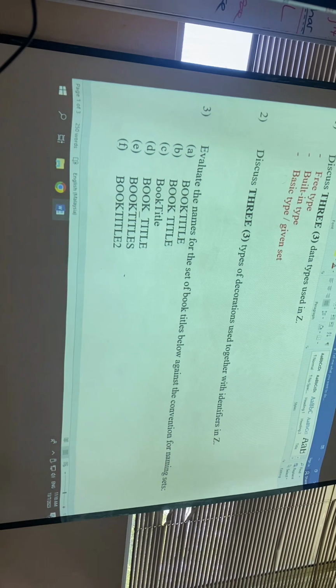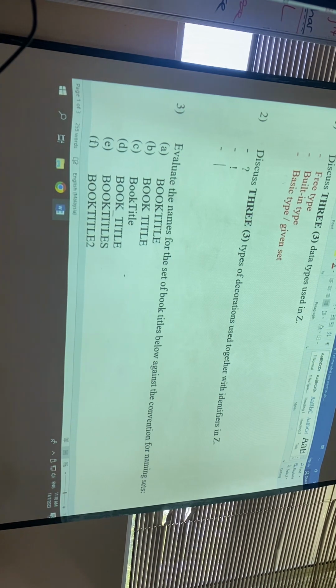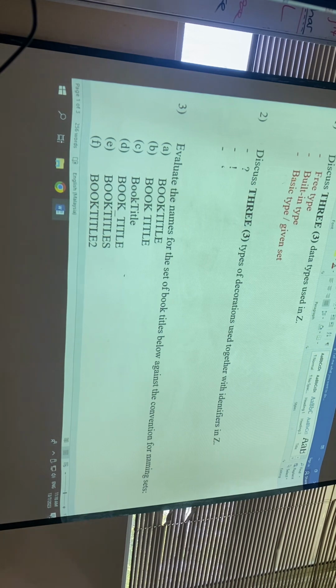Type declaration is normally used together with identifiers or variables. So what are the type declarations? Question mark, exclamation mark, and apostrophe, the closing apostrophe. Question mark is to represent input data.